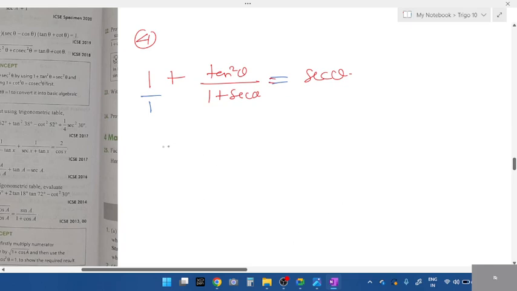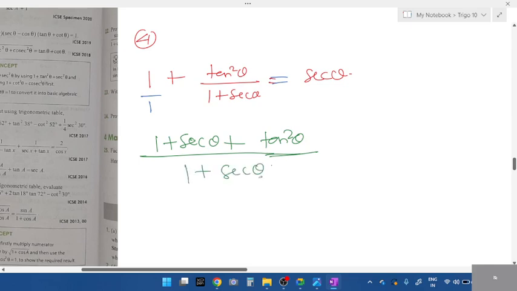Okay, what do you get when you cross multiply, Amy? Plus tan square theta. Denominator, this remains as it is, right?